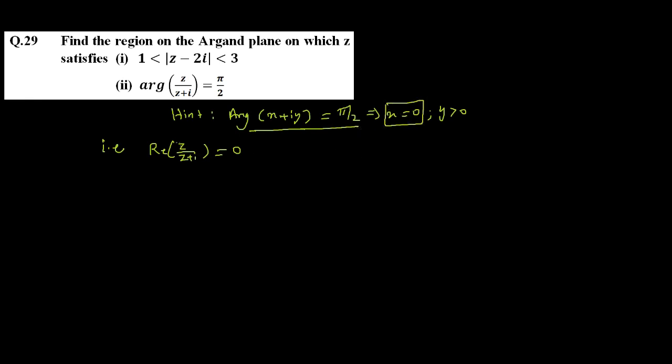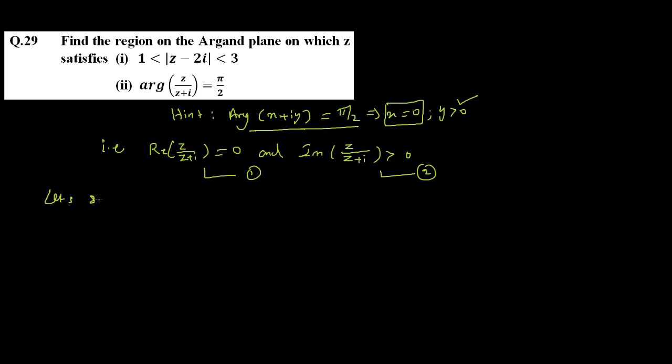So here we can write real part of z by z plus iota is equal to 0, and the imaginary part should be greater than 0, that means imaginary part of z by z plus iota greater than 0. So we are going to solve these two conditions, and we will get a common answer. This is our motto. Let's solve.